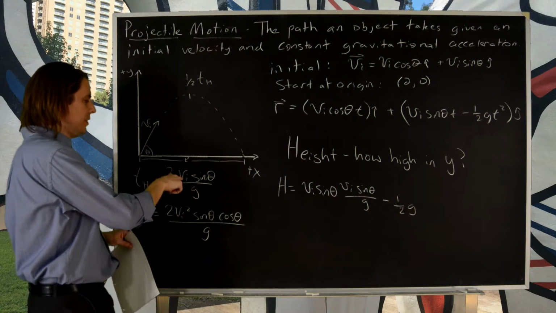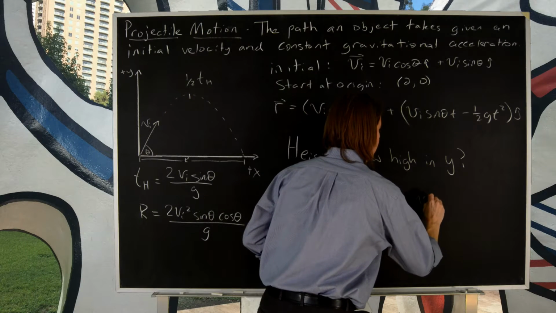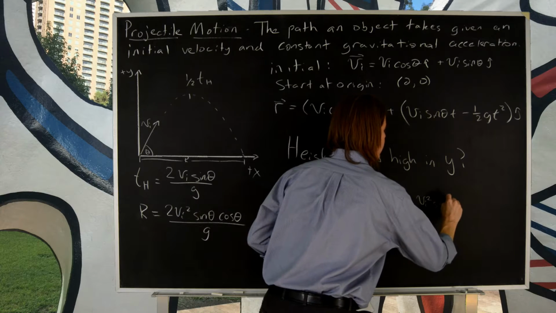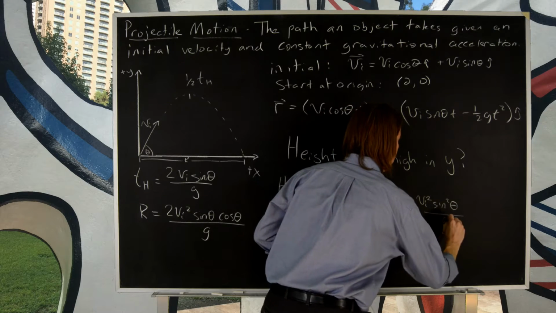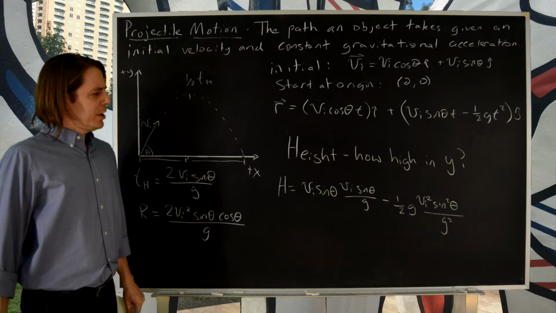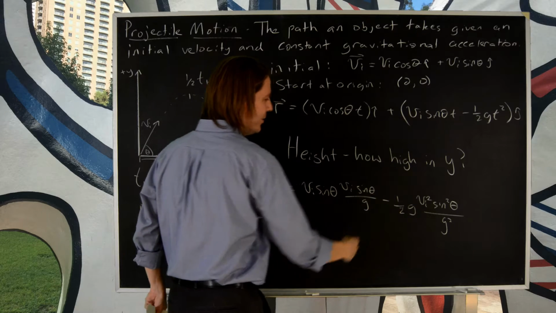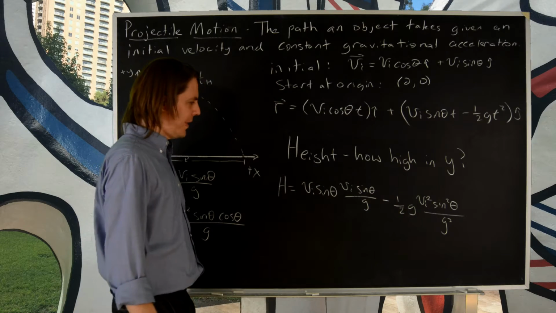A half t squared is vi squared sine squared theta over g squared. Vi squared sine squared theta over g squared. And then you say, oh, that one kind of made a mess, didn't it? Well, not really. If you look, you'll notice these are kind of the same term. The difference is only a factor of a half.